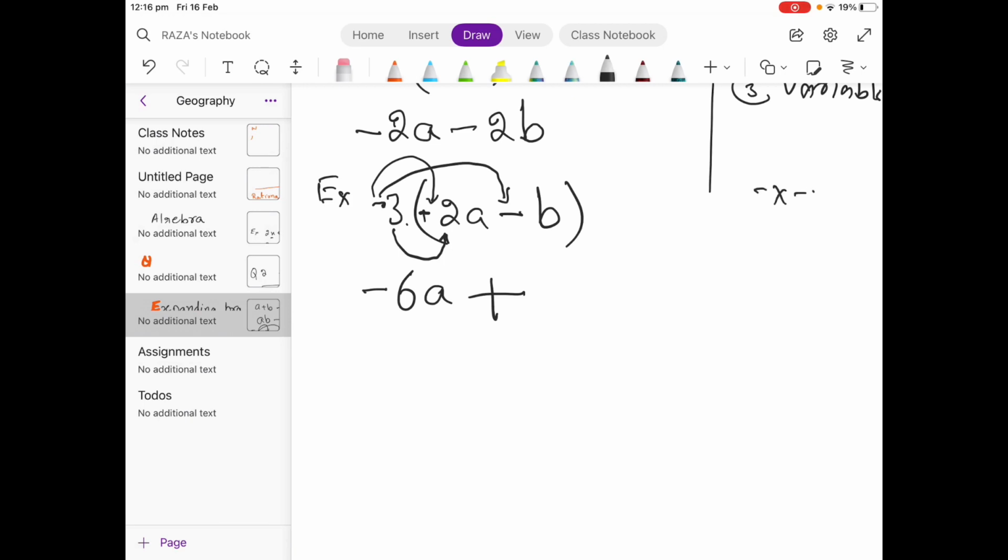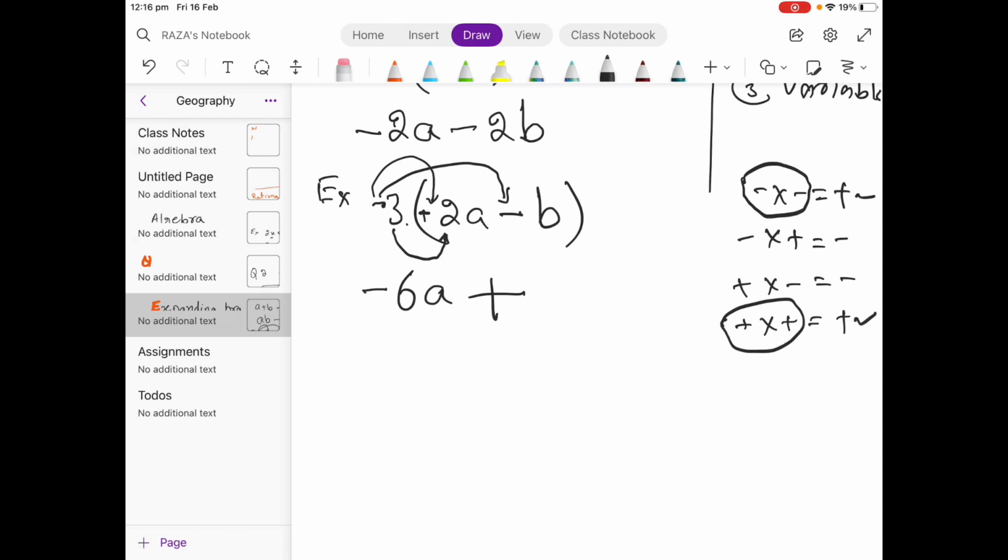negative times negative is equal to positive. Negative times positive is equal to negative. Positive times positive is positive. As you can see, two similar signs always turn to positive. Two different signs always give negative.